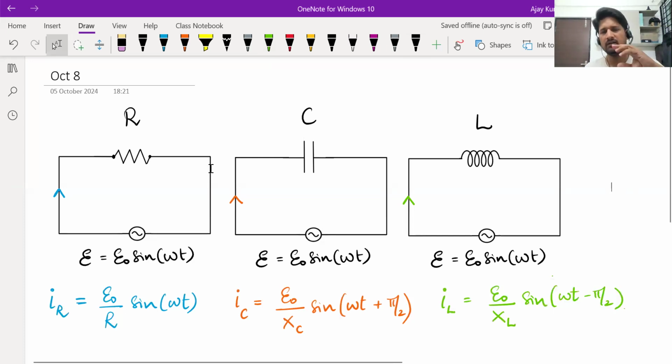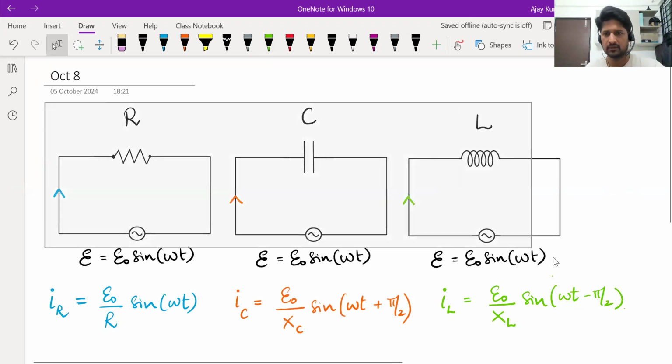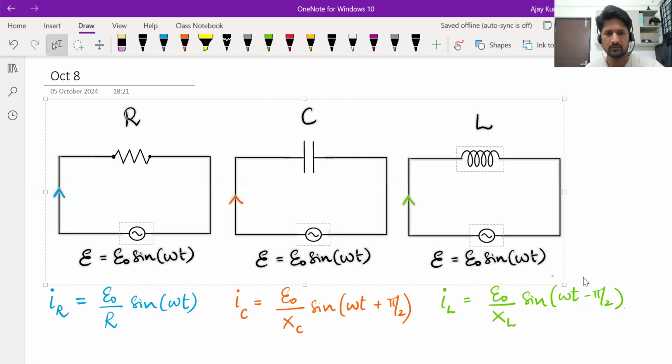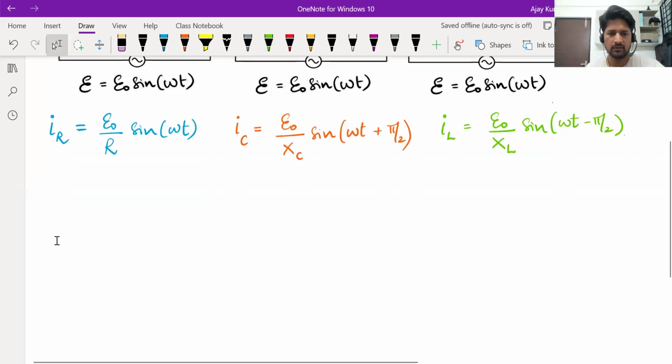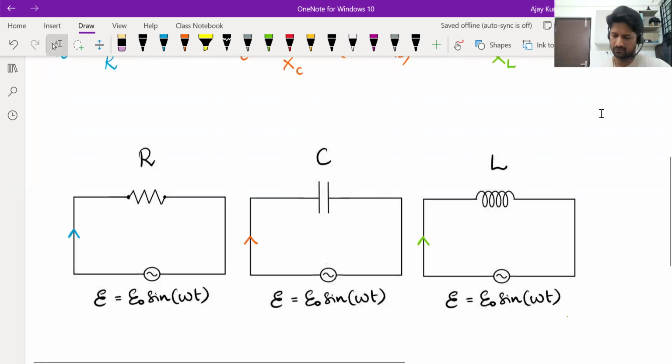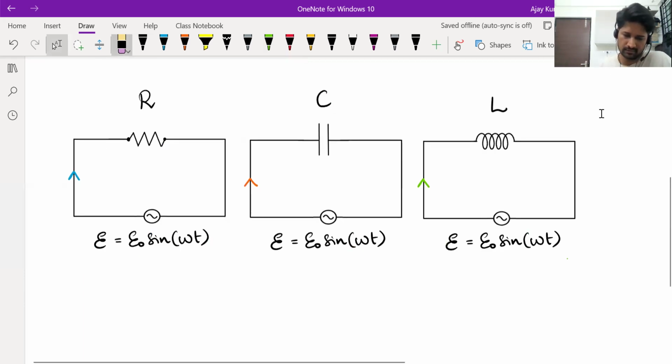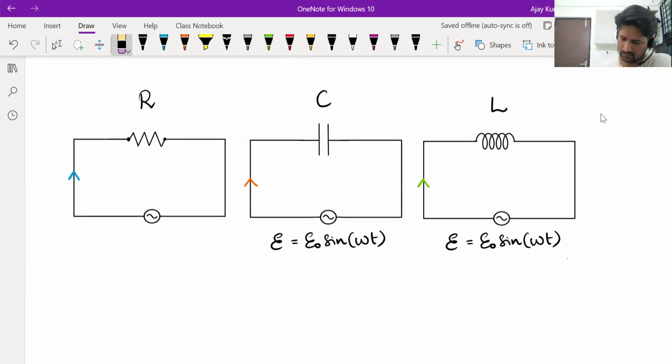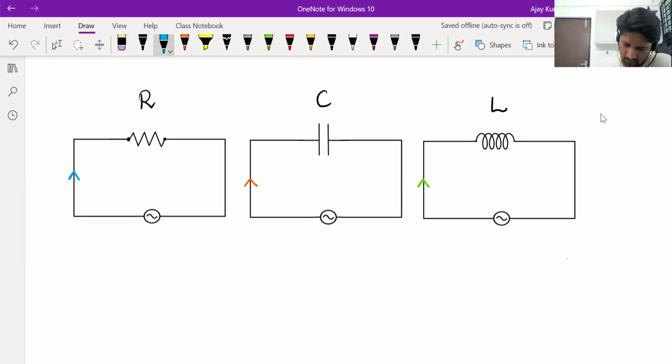Now let us look at it in reverse. In all three of these elements, let's say the current equation is given to you. Assume current is written this way: I is equal to I naught sine omega t.